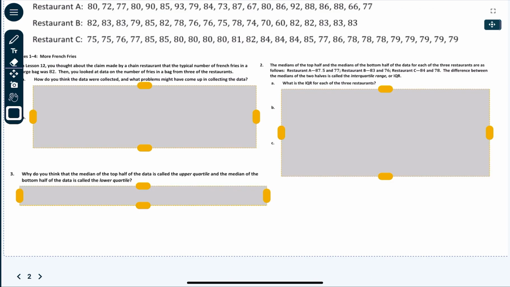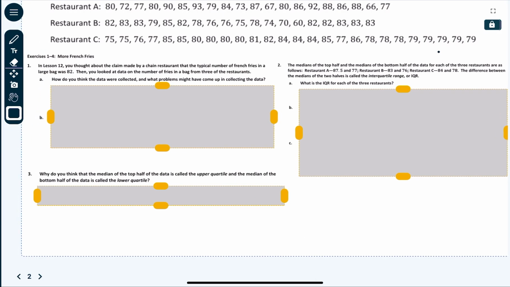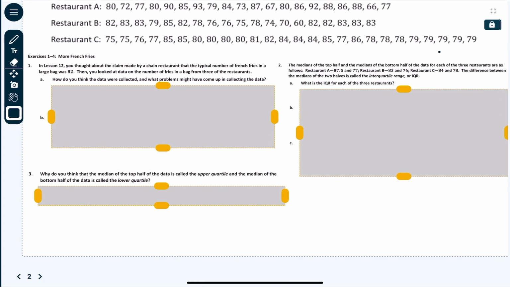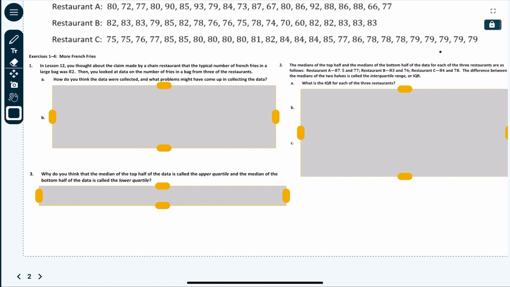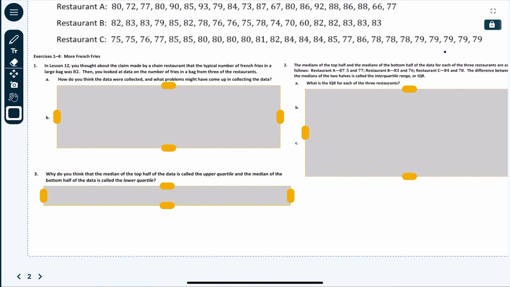Now we have restaurant A, B, and C. If you remember from lesson 12, we talked about these with the French fries. So this is restaurant A, B, and C's French fries count. Exercise 1 through 4 says, in lesson 12, you thought about the claim made by a chain restaurant that the typical number of French fries in a large bag was 82.